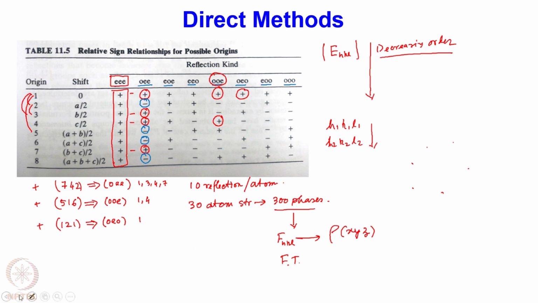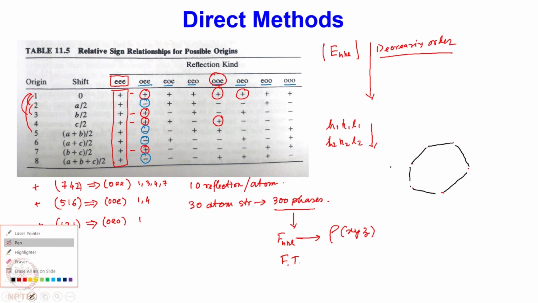Then by applying our chemical knowledge, we try to join those electron densities by bonds and try to see whether that generates something sensible. And then we take that as a starting model and continue the process of guessing phases to completely solve the structure.